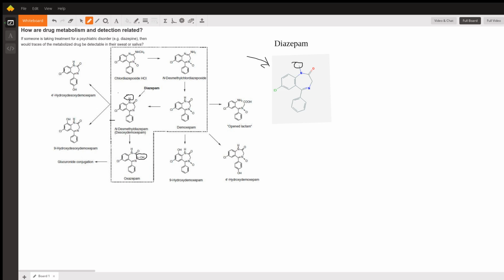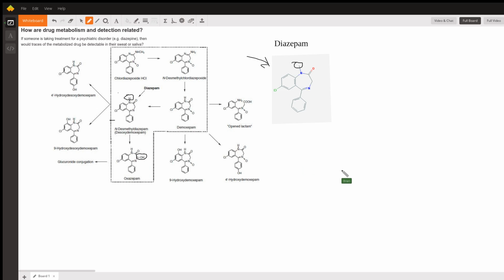Now, not every drug is metabolized. There are some drugs that, if you look at their chemical structure, are very water soluble. They have a lot of polar OH groups. And so these drugs are really just filtered out by the kidneys directly without undergoing any metabolism.